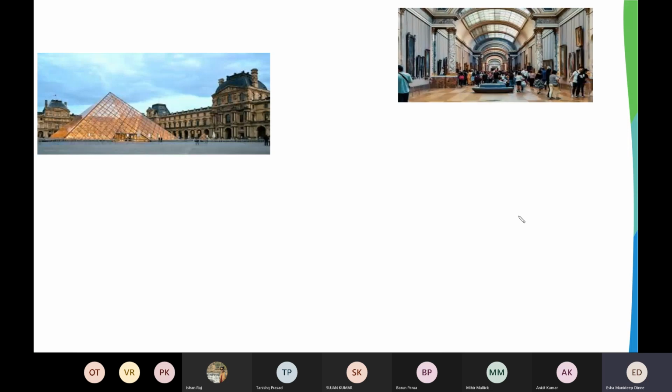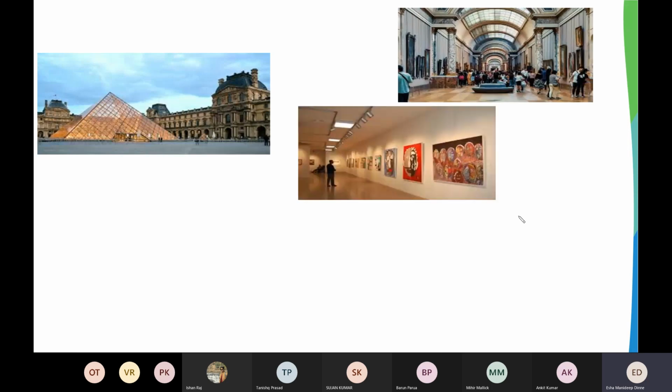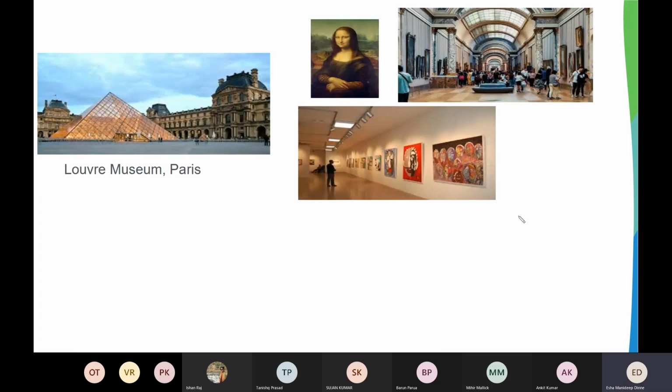Okay, so do you guys know where these pictures are from? Okay, well, these are from the Louvre Museum, Paris. I don't know how to pronounce it. Okay, let's call it Louvre, whatever. It is in Paris.